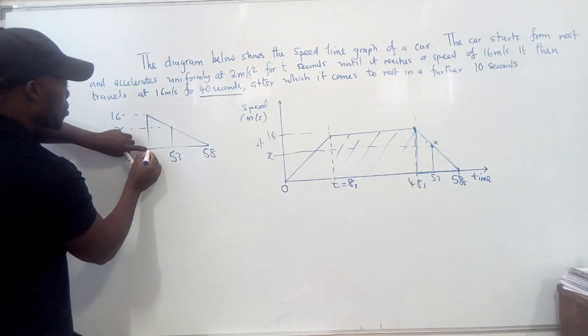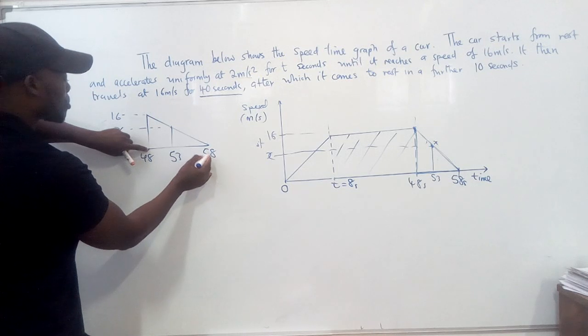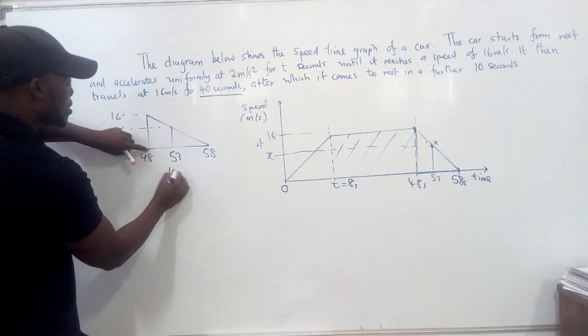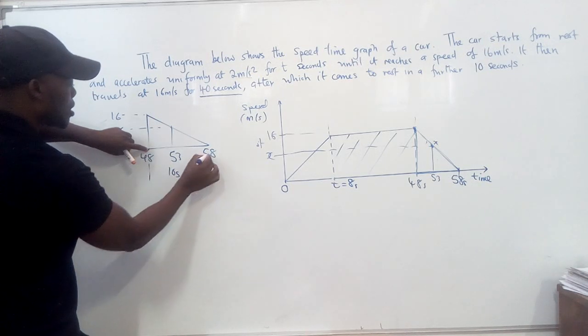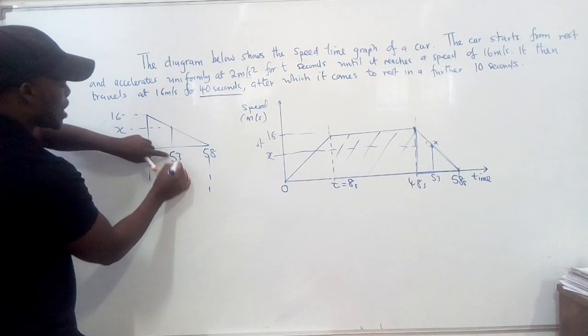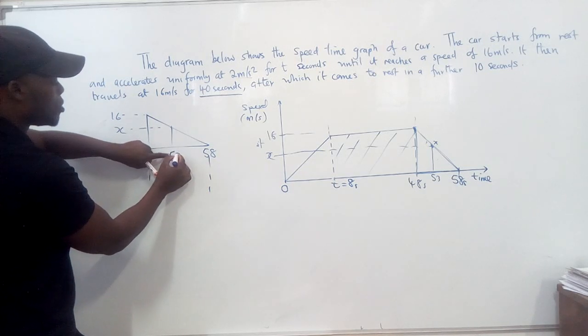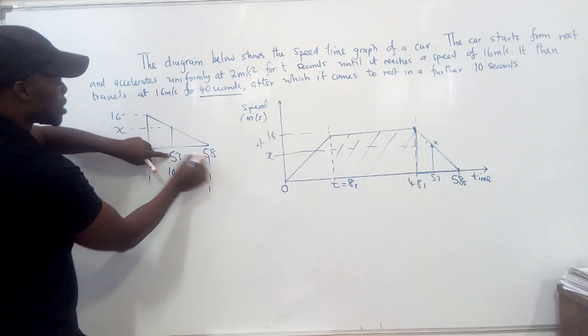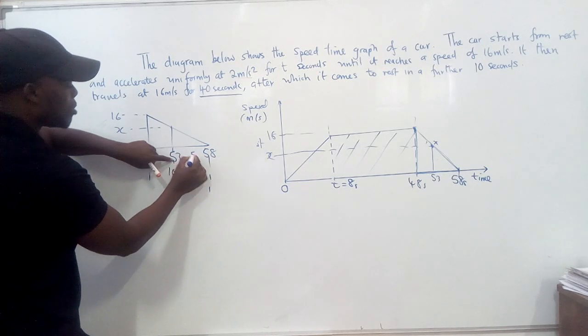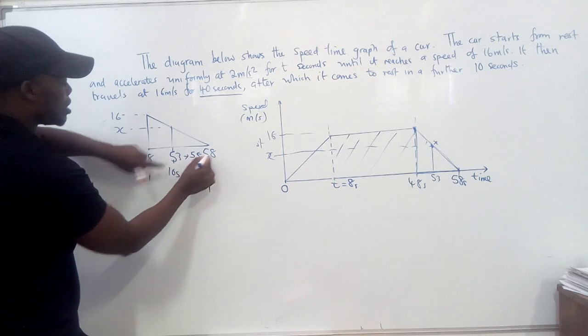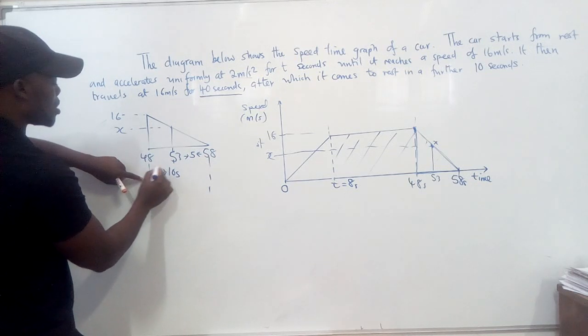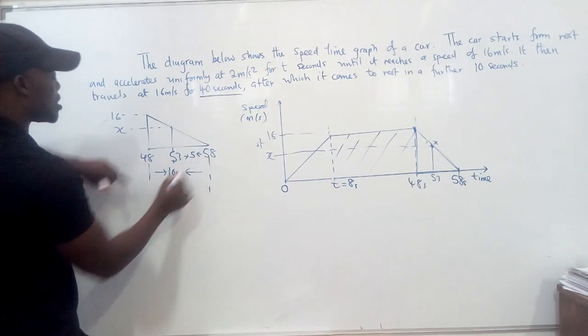The time difference between 48 and 58 is 10 seconds. The time difference between 53 and 58 is 5. Between 48 and 58 is 10.